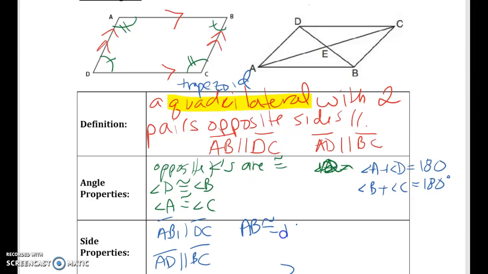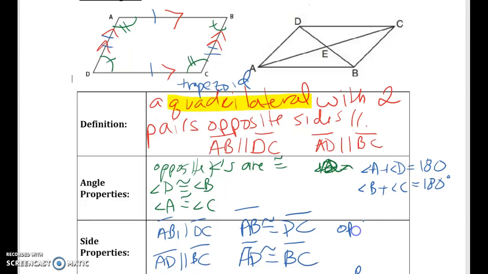So opposite sides are not only parallel, they are also congruent. And we have AD congruent to BC. Okay, so opposite sides are parallel and congruent to one another.